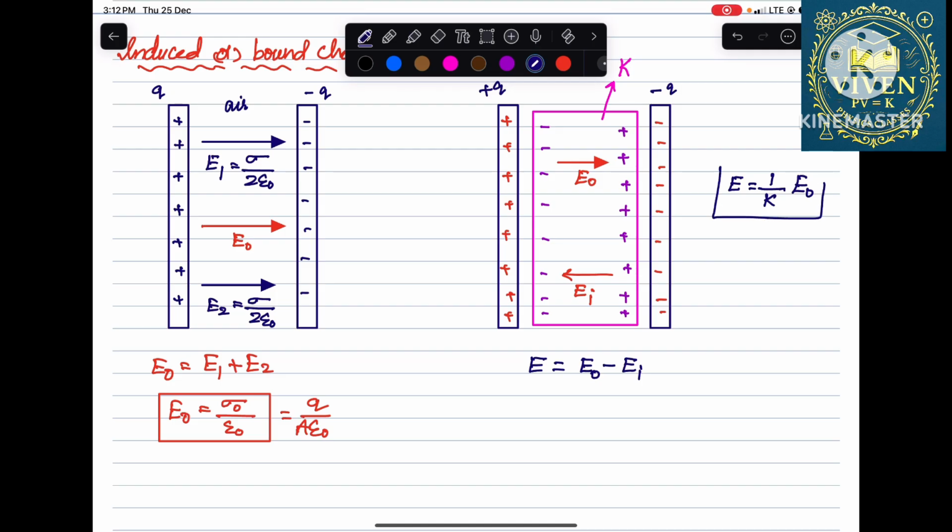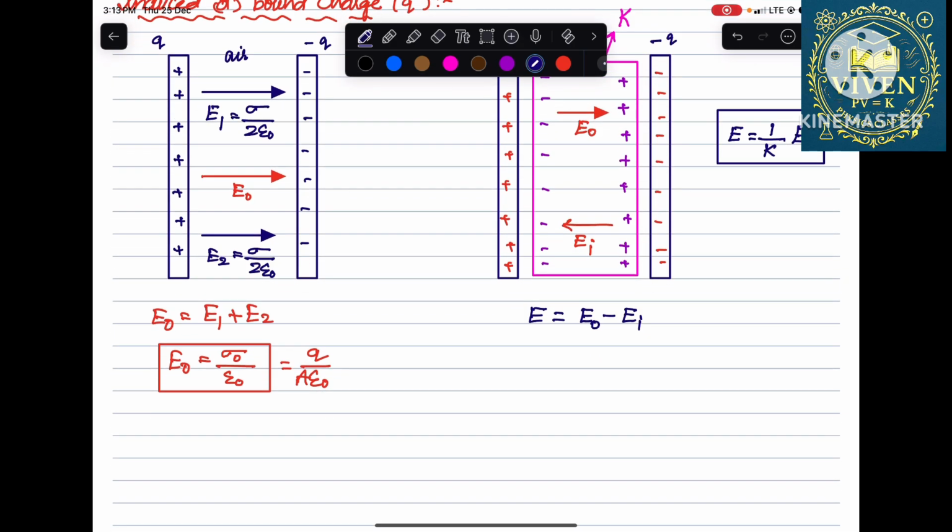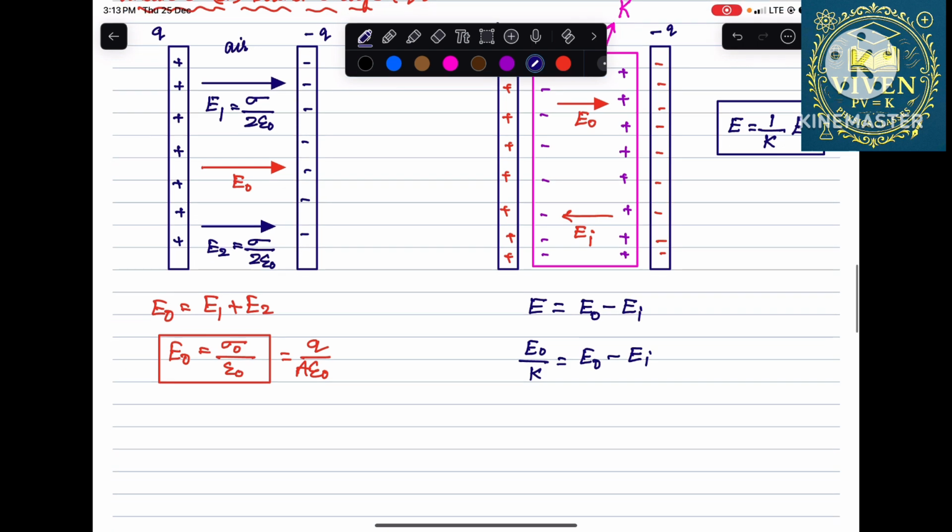This is very important, and quite interesting to add here. So E is equal to E naught by K, which is equal to E naught minus EI.